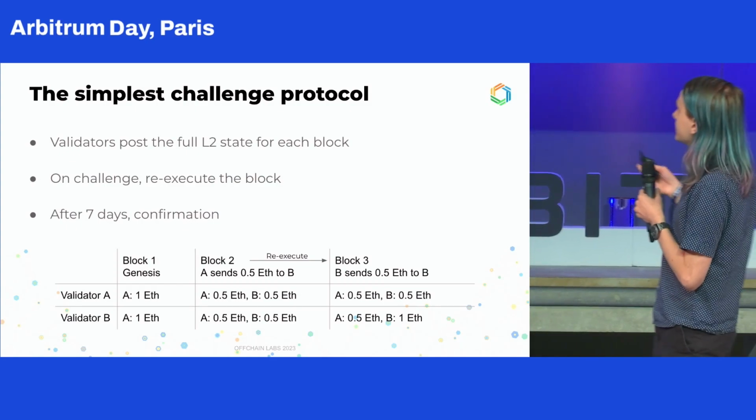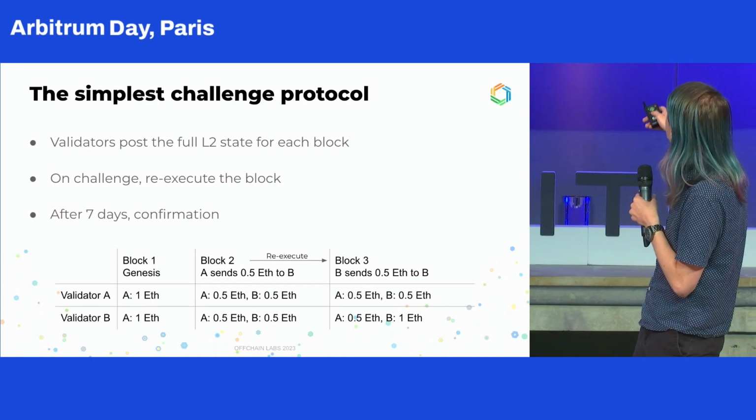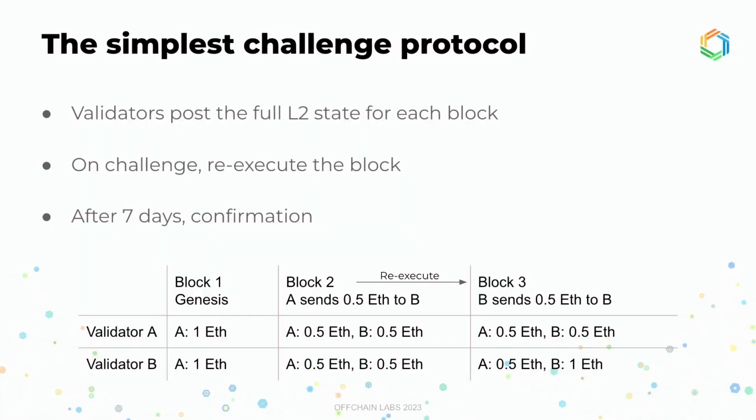But just sticking to the simplest challenge protocol here, to recap again, each validator would post a full state for each block. And then if there's disagreement, you can re-execute the block using the transactions stored in the inbox to figure out who's correct and who's incorrect.